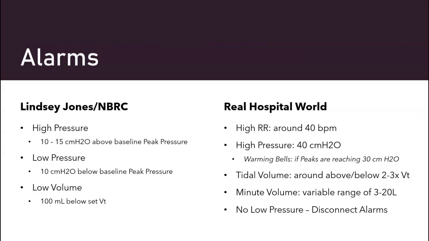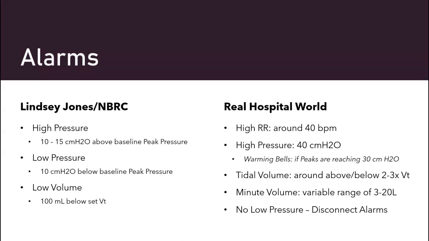Okay, alarms. In your Lindsay Jones book, there are three alarms for you to know, and they're a little bit vague. The alarms are based off of the values you're getting off the ventilator.